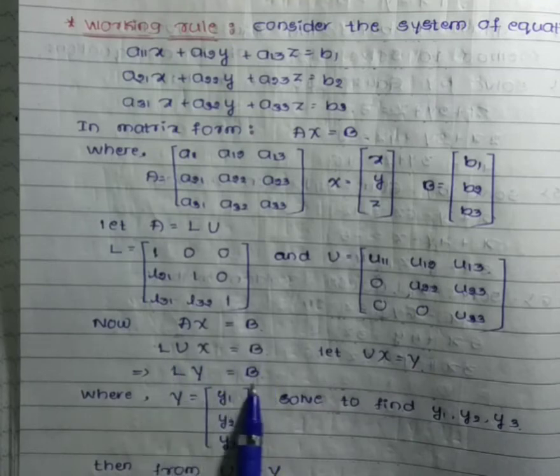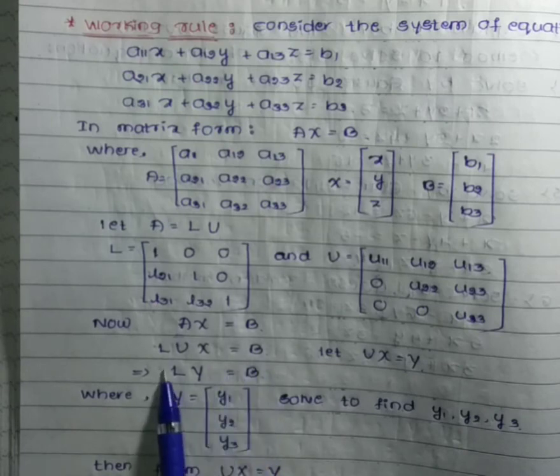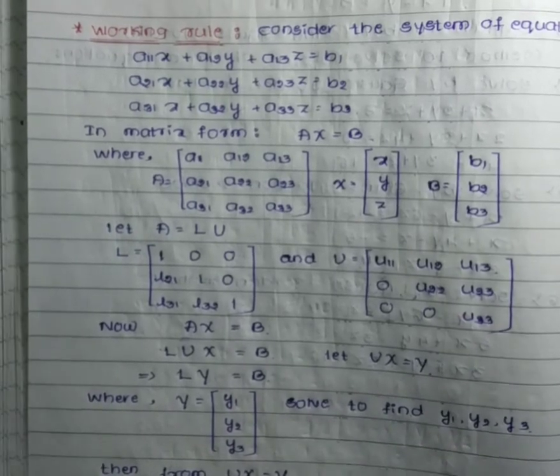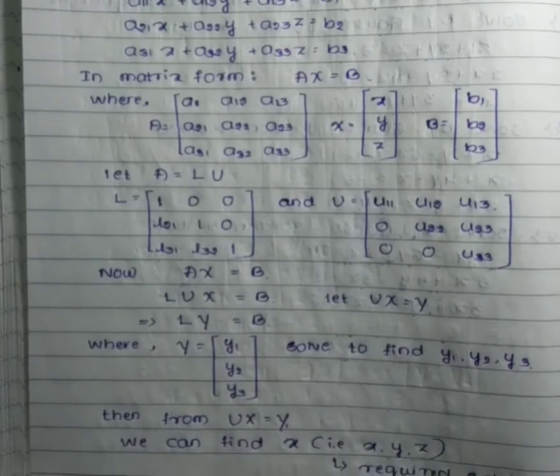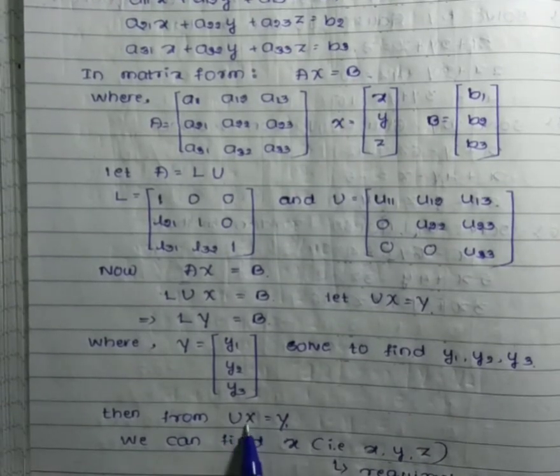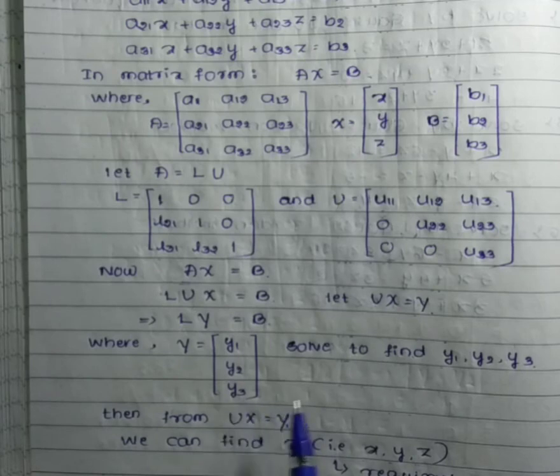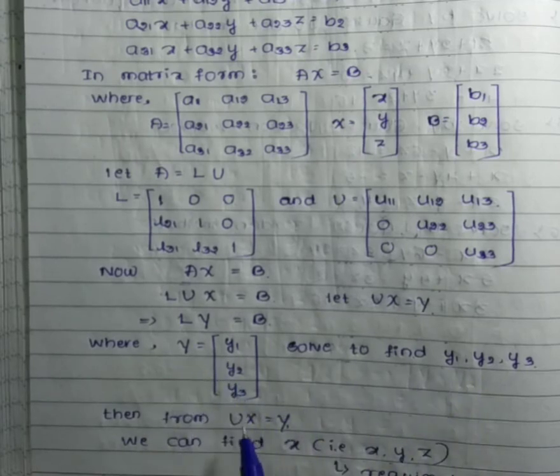First we need to simplify this particular expression, that is LY = B, where always the Y matrix will be y1, y2, y3. So here Y we have to replace as y1, y2, y3. When we simplify this equation, we'll get the values of y1, y2 and y3. With the help of this y1, y2, y3, next when we consider the equation Ux = Y, with the help of the Y matrix, we can calculate the values of x, y, z.